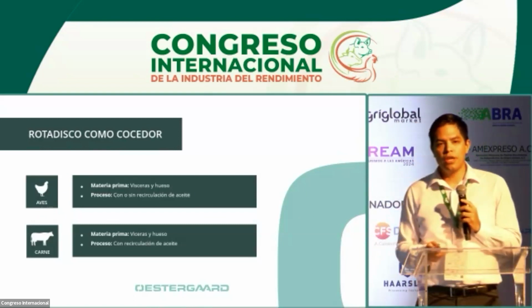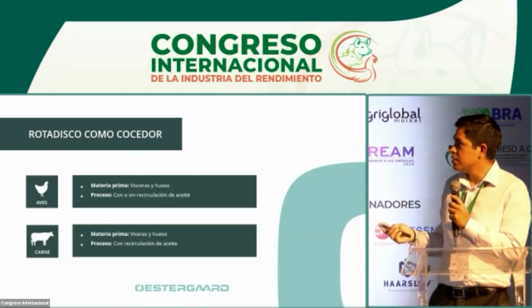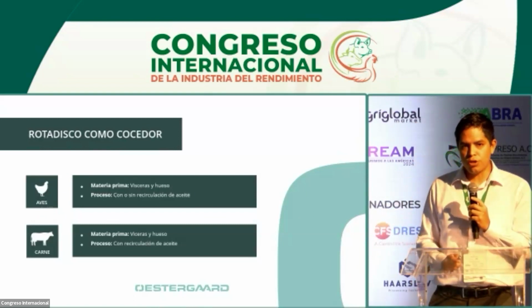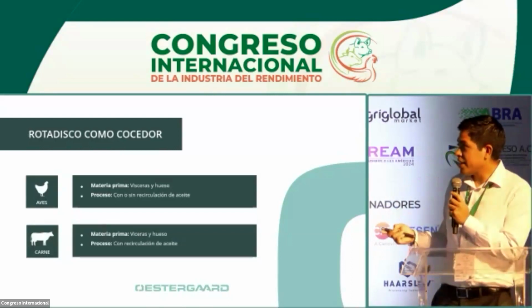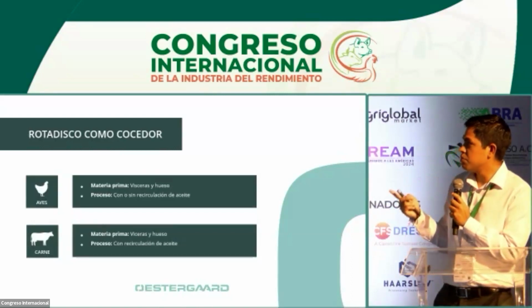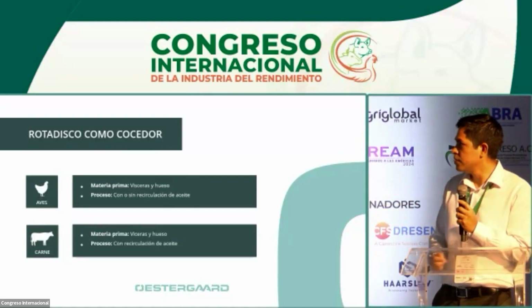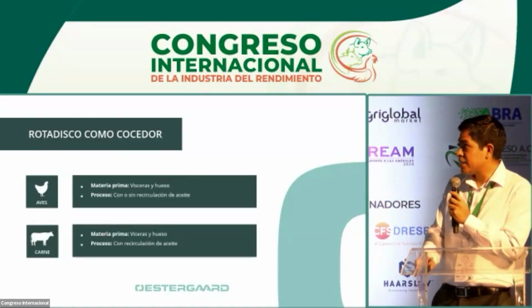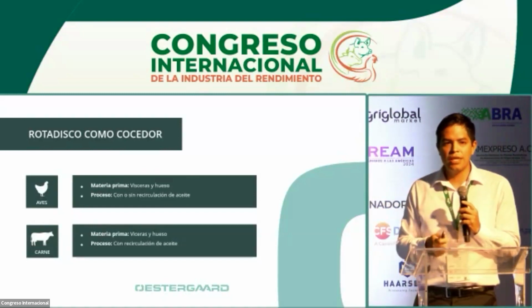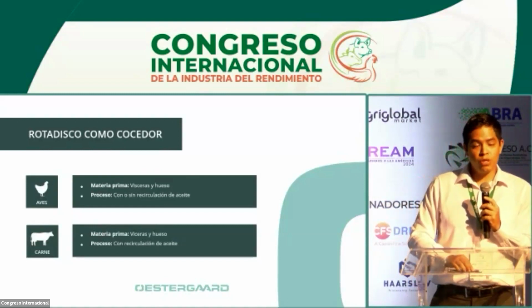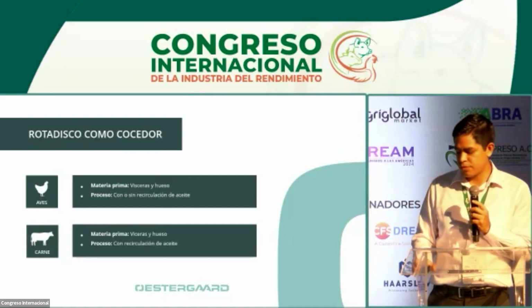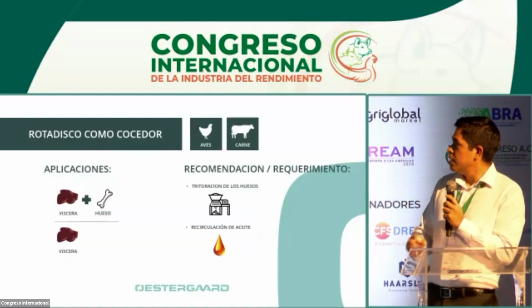Now, this application is not so well known at the Latin American level, which would be to use the rotational disc as a cooker. Materials that can be processed: poultry, insides and bone, and meat, likewise. And the difference between meat and poultry is that poultry we can process without adding oil.